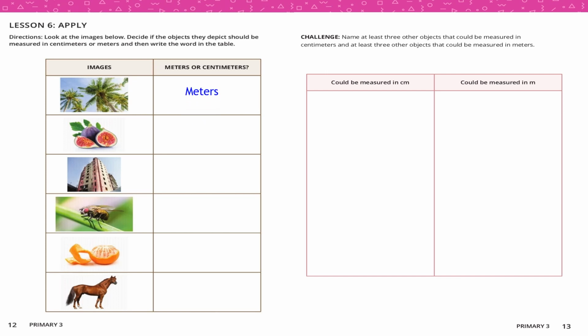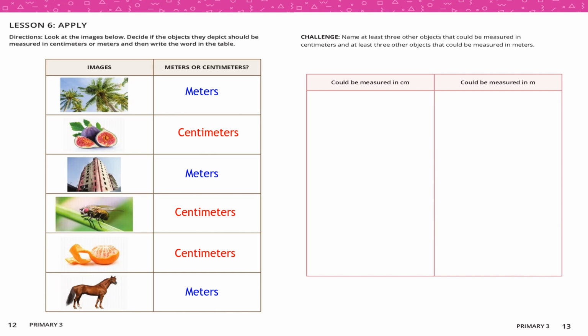And some figs, we will use centimeters. And building, we will use meters. And our insect here, we will use centimeter. And our orange here, we will use centimeter. And the length of the horse will be in meter.